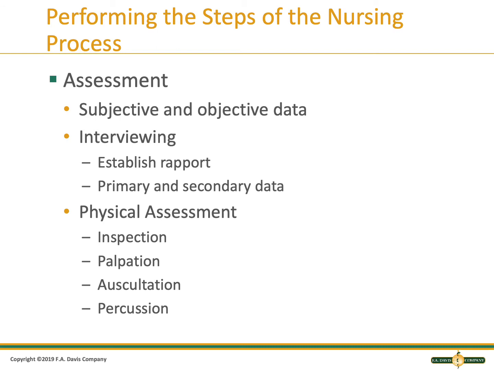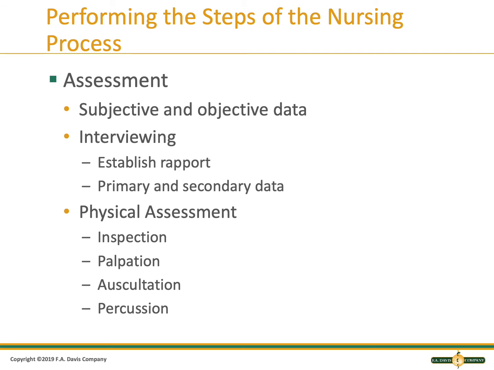And the primary and secondary data that they're referring to here is that primary data is anything that the patient tells you, that the patient reports. So, for example, anything that says client reports, client complains, client verbalizes. This is all primary information.